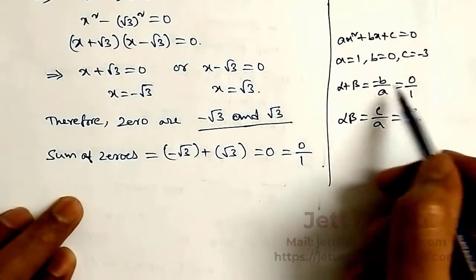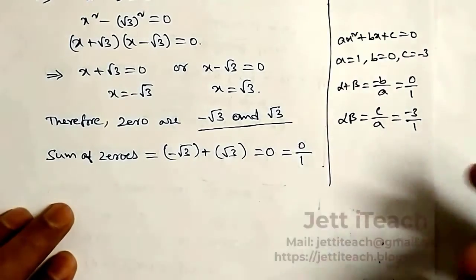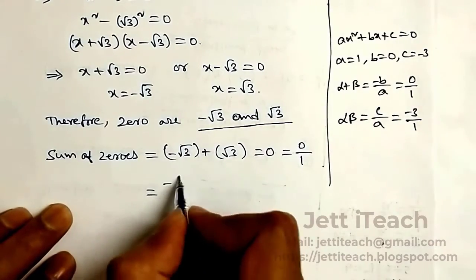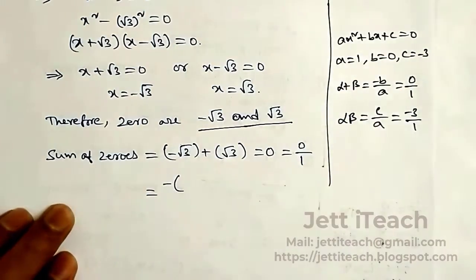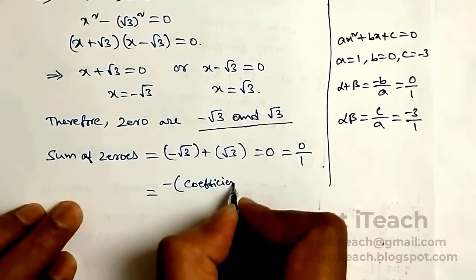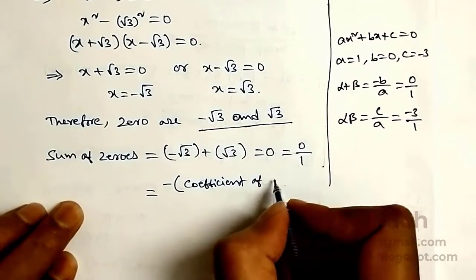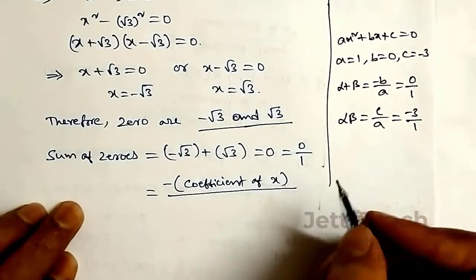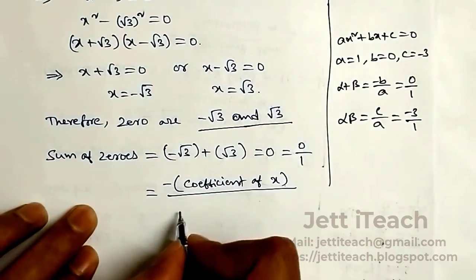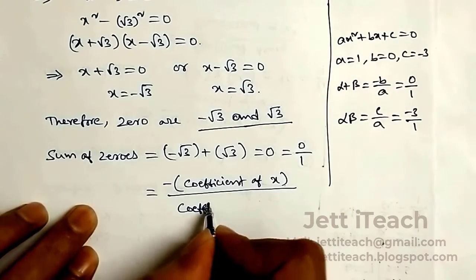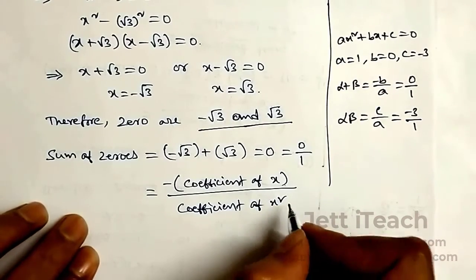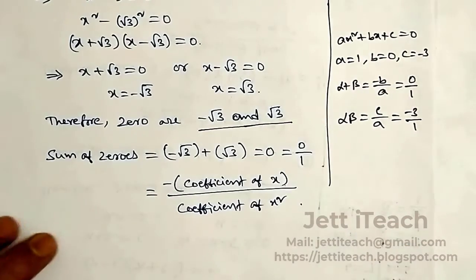So 0 by 1 means minus b by a. Minus of b means coefficient of x. What is 1? 1 means here a. A means coefficient of x square.